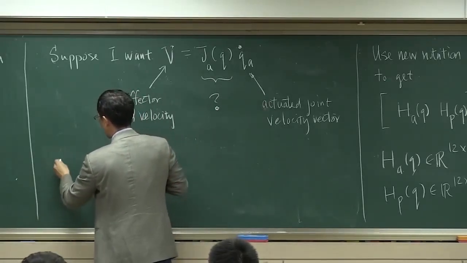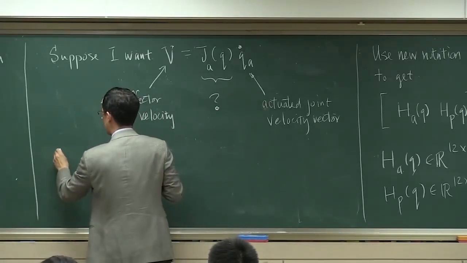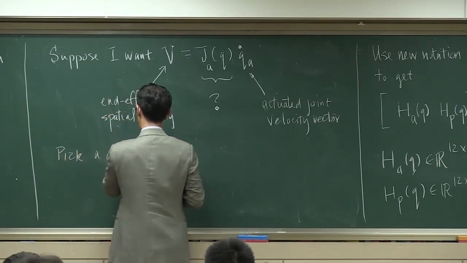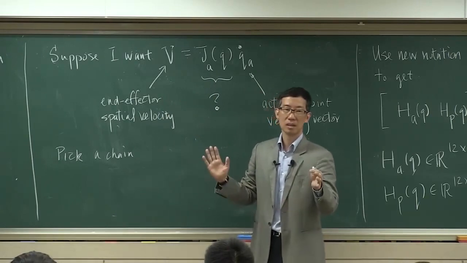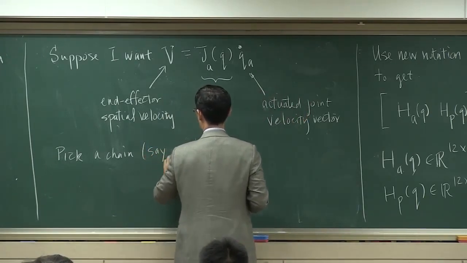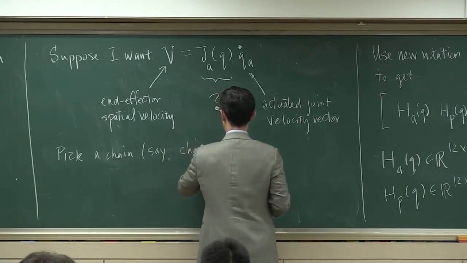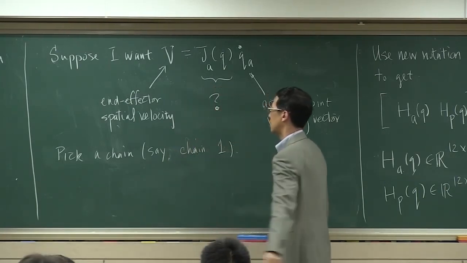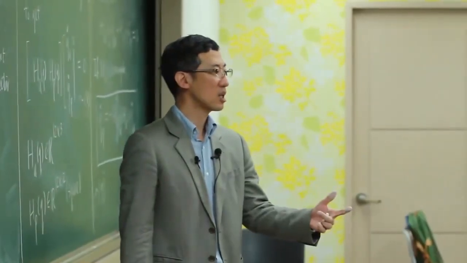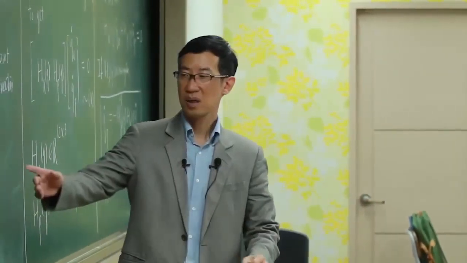First thing to do, and there are other ways to do this, but pick a chain. So let's say chain 1. Now let's write down the Jacobian relation for open chain 1.